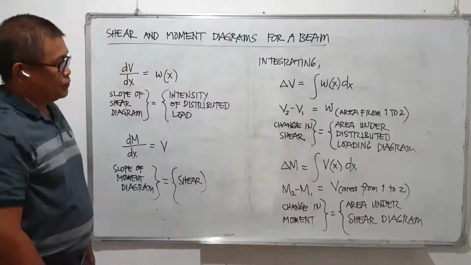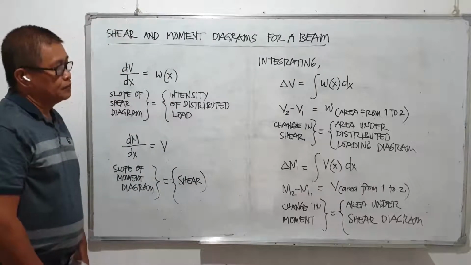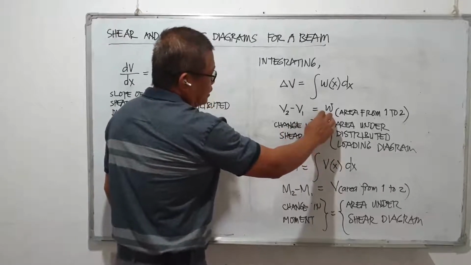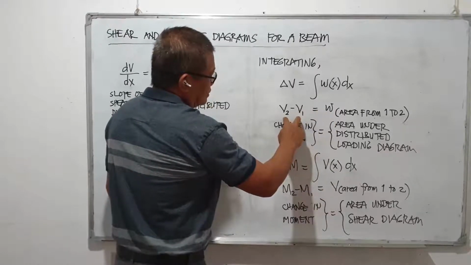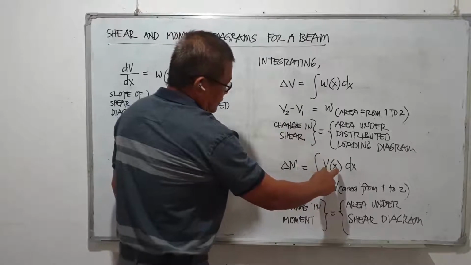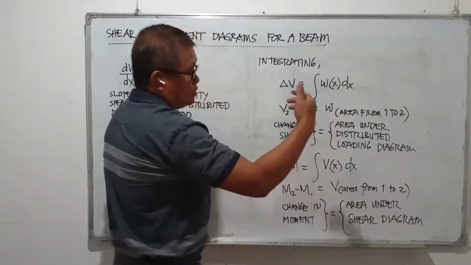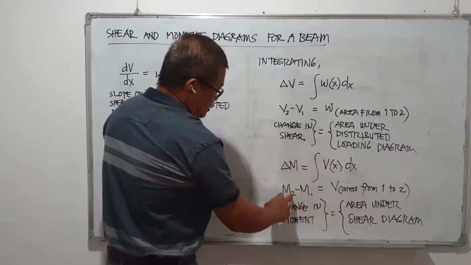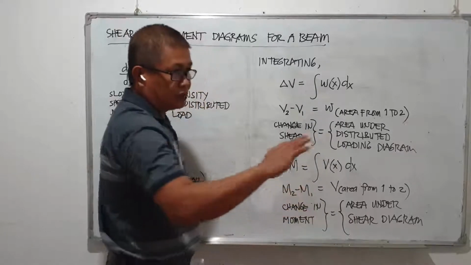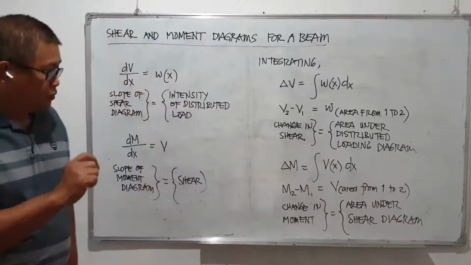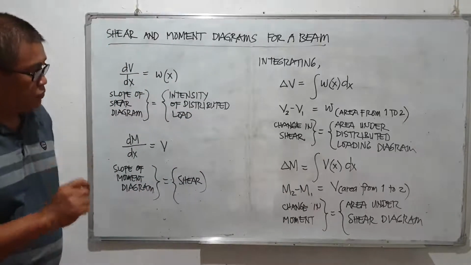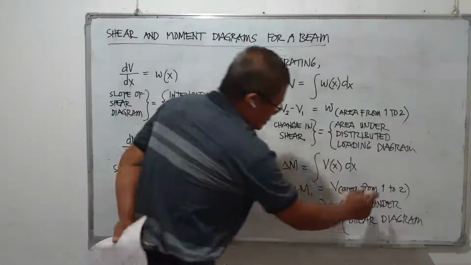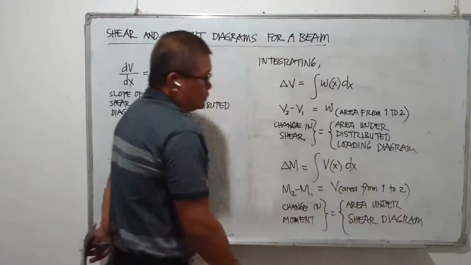This just demonstrates the relationship between the load magnitude of the loading diagram to that of the shear, and the magnitude of the shear diagram to determine the values of the moment along the span where the variation of the loading is covered by the two points 1 and 2.